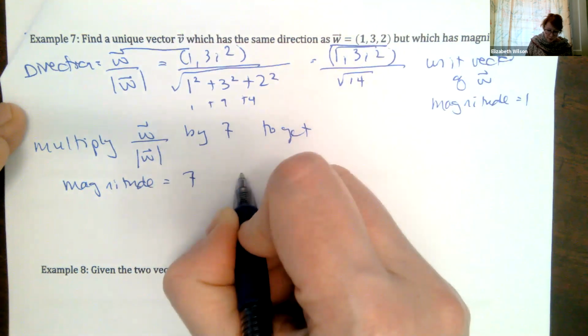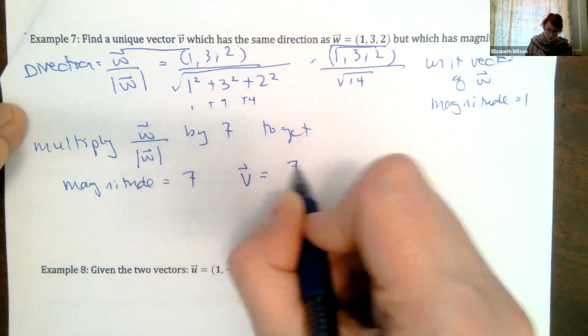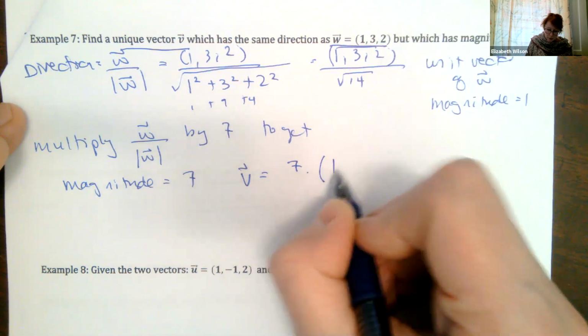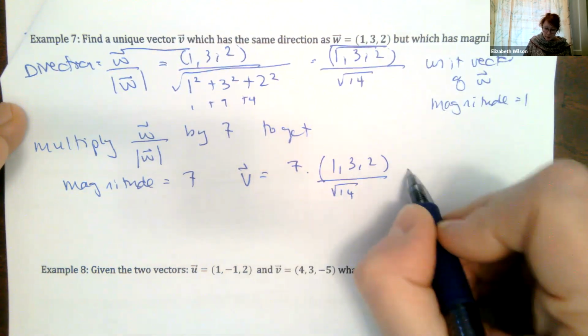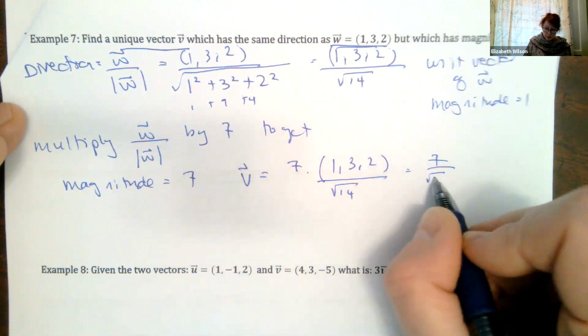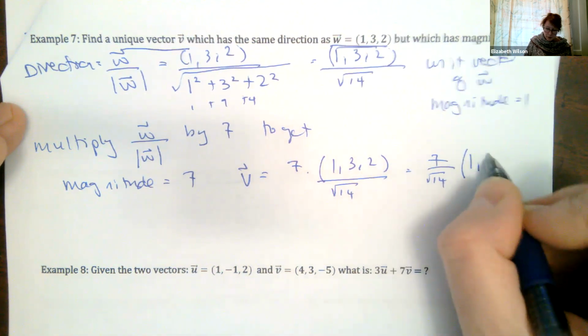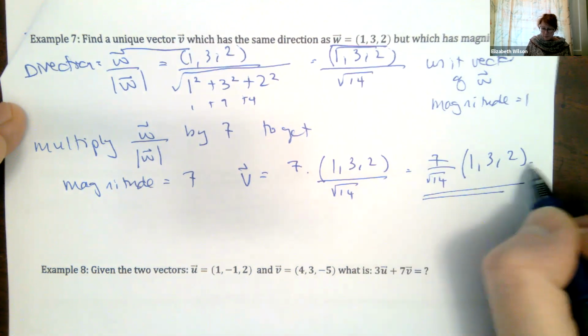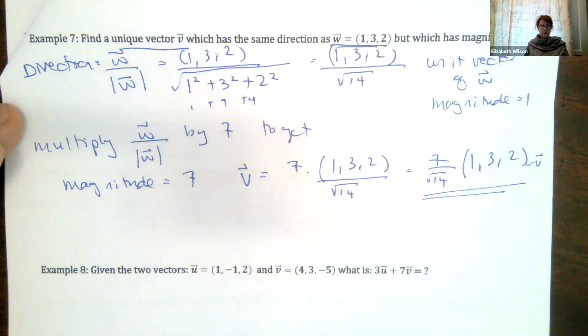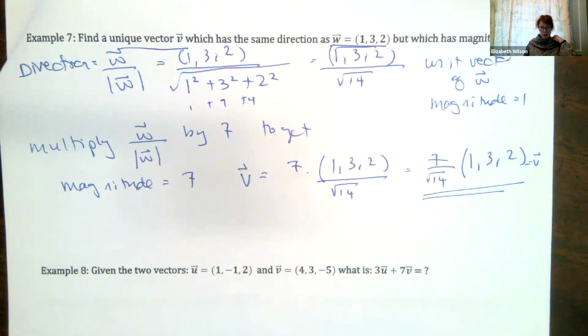So now I can say my v is equal to 7 times 1, 3, 2 divided by radical 14. Or I can write it like 7 over radical 14 times 1, 3, 2. And I can distribute this in, or I can leave it. And that's equal to v. So you're working your way through the thought process on it.